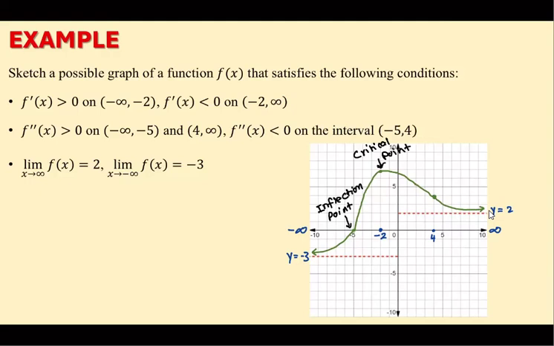Critical point is the point where the graph changes the first derivative sign, increasing to decreasing or decreasing to increasing. And after that, here the graph is going down all the way up to there. But what happened is from here to here, the graph is concave down. And after that, the graph is concave up. So this point is also the inflection point.